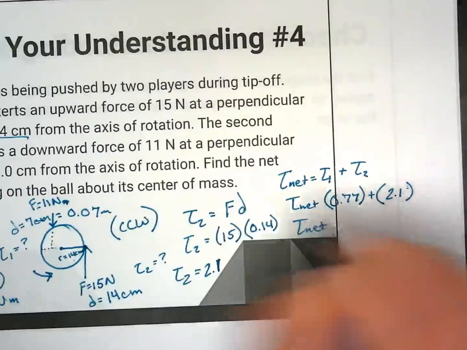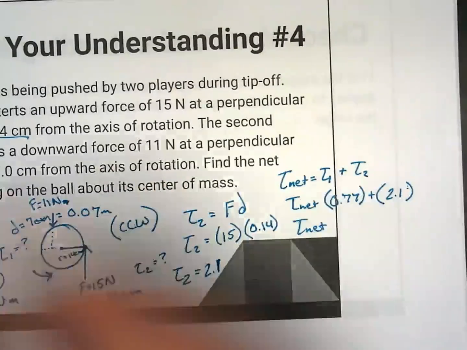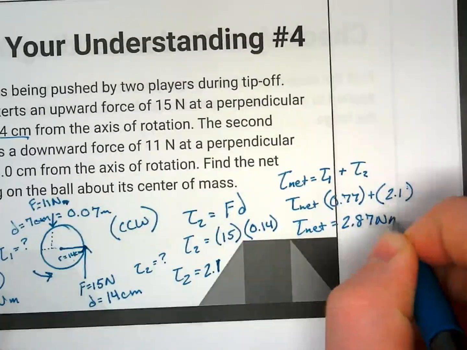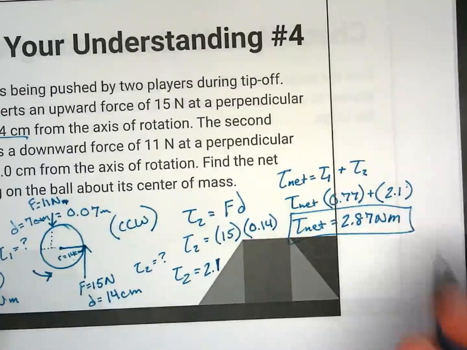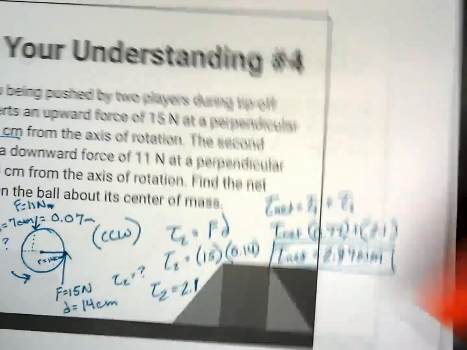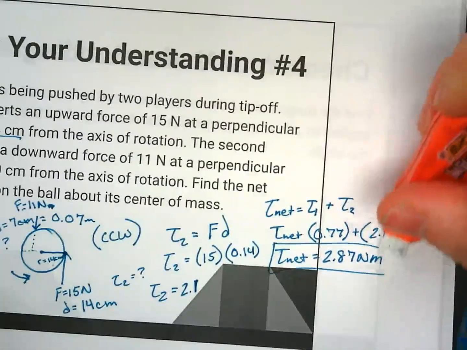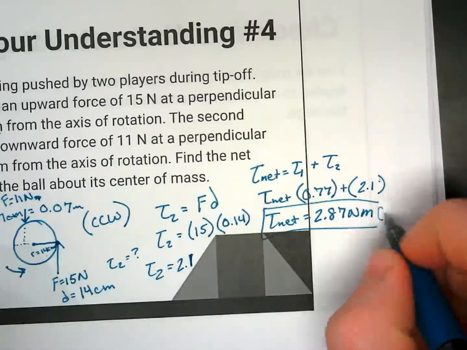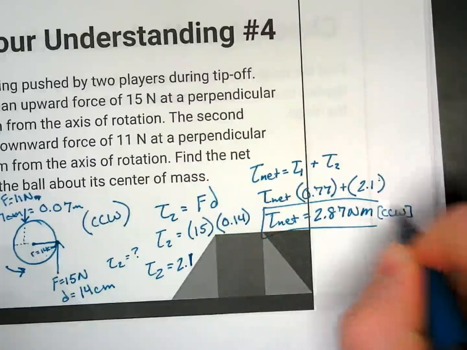This gives me a net torque of roughly 2.87 Newton meters. Oops, I forgot to do the little thing. Not only is it 2.87 Newton meters, in this case, since we were looking for the net torque, it's going to be 2.87 Newton meters counterclockwise.